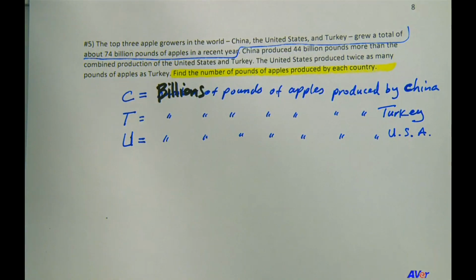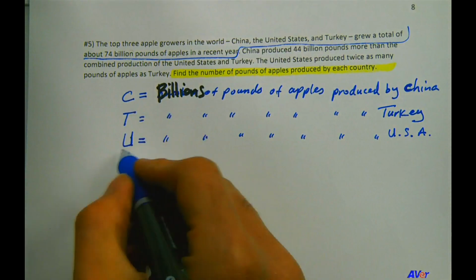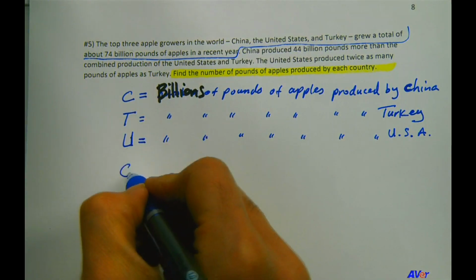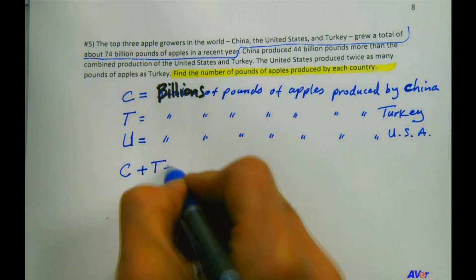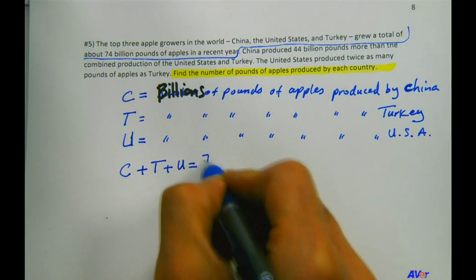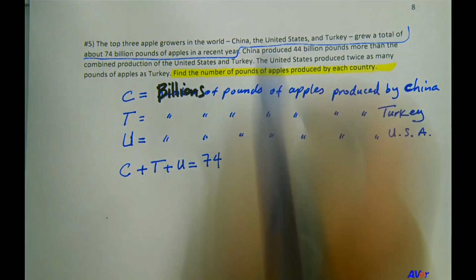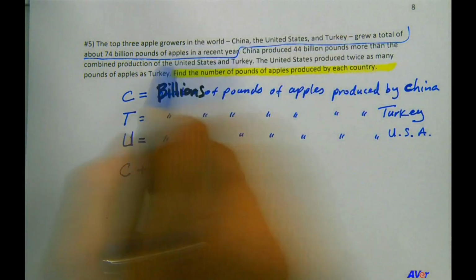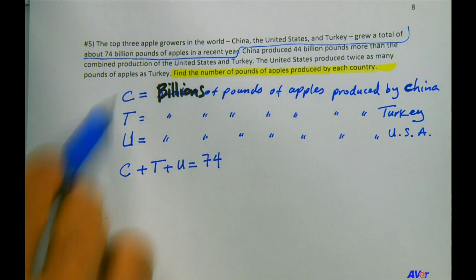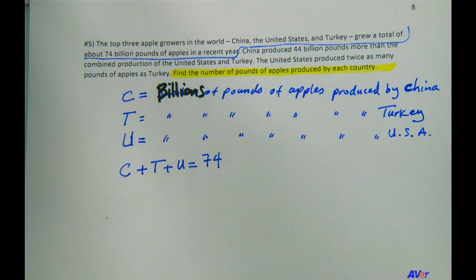Okay, I'm assuming you've done that, and now you're back. So we can write C plus T plus U is equal to 74 billion, and the units are in billions. Okay, 74 billion. So that's the translation of that statement into this equation using the variables that we introduced. If you prefer, you can use X, Y, Z, but I use these variables because it helps me keep track of what's what as I go through the solution.